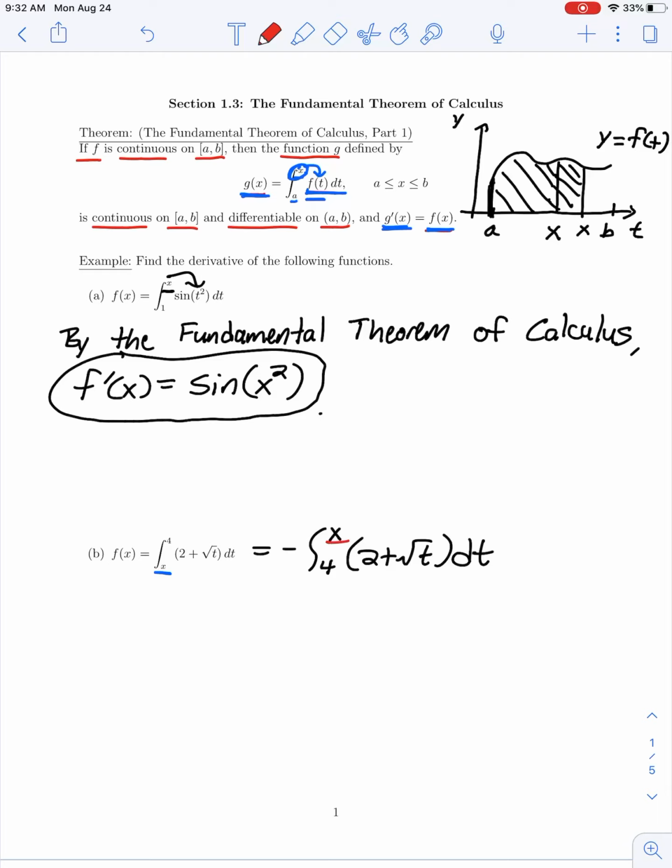So applying the fundamental theorem of calculus to differentiate this, we're going to take that upper limit of integration, which is our variable, and substitute it in place of our integrand.